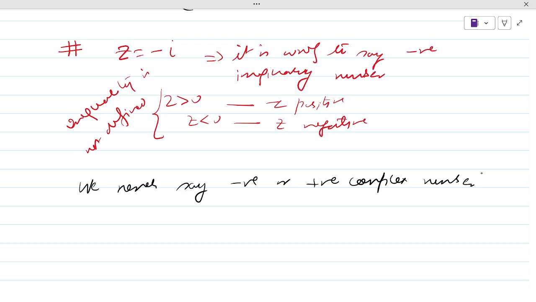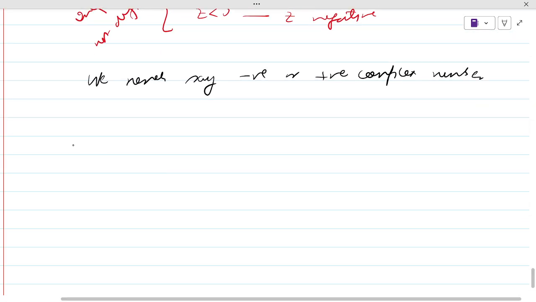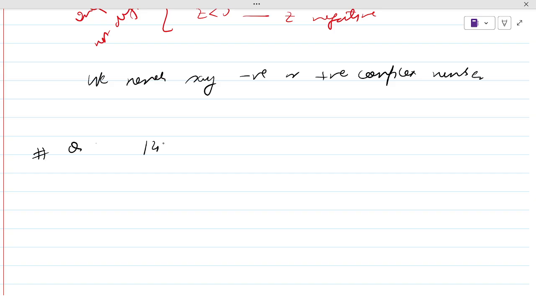Before ending, one more important thing. Let's say a question: z1 is equal to z2, and z1 plus z2 is equal to z1 minus z2. What is the argument of z1 upon z2?